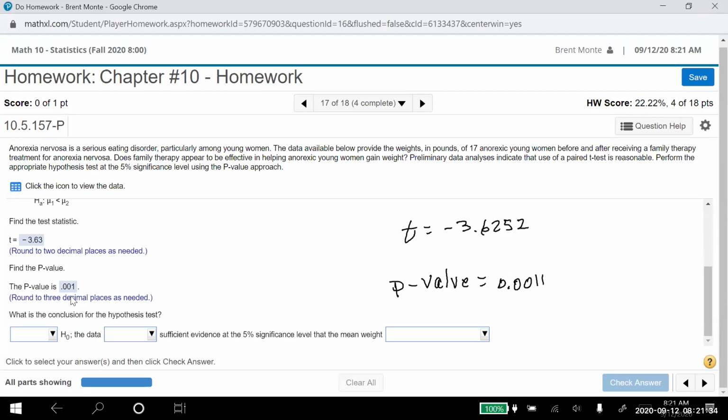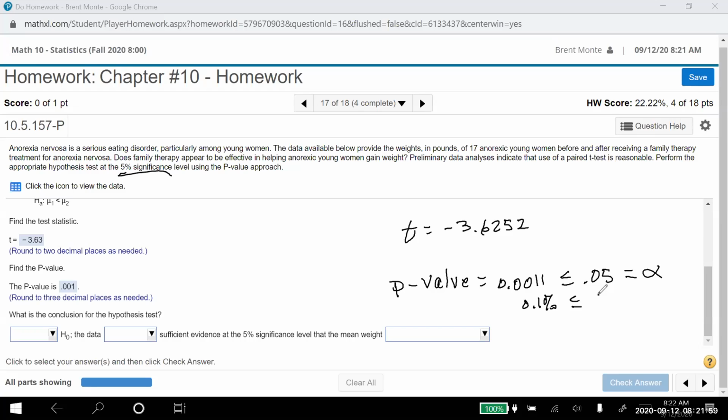Okay, now the conclusion. Again, let's go through the conclusion, see how this works. So here's what we say. We say the p-value less than or equal to, well, we have to find the significance level. There it is, 5%. 0.05, that's alpha. Well, this, if I move it 2 decimal places, is 0.1%. So this would be 0.1%.